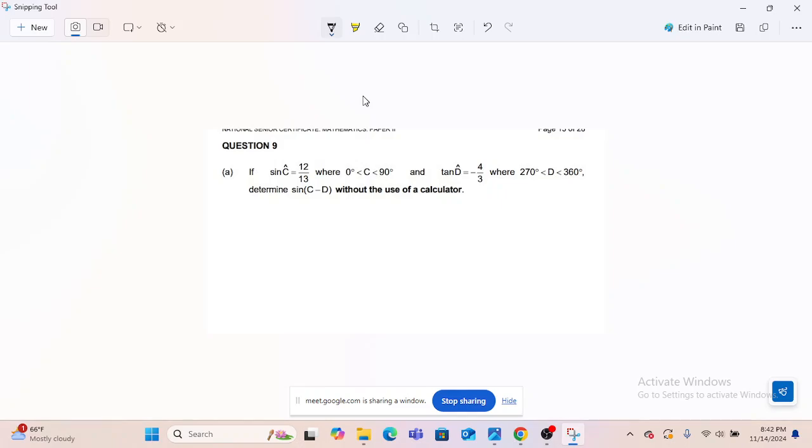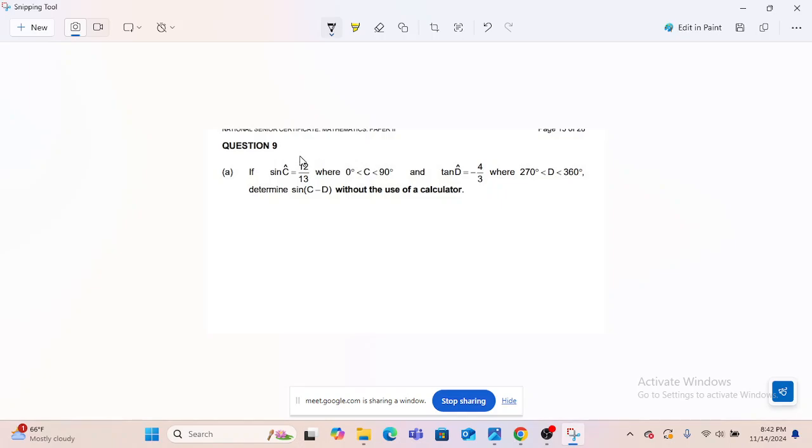The question that is given here is quite different because here they don't want you to use a calculator. They're saying sine C is equal to 12/13, and they told you that angle C is less than 90 but greater than 0, which means it's found on the first quadrant.